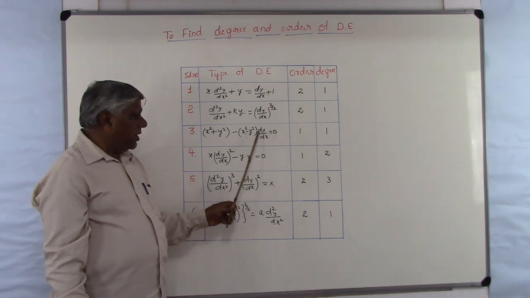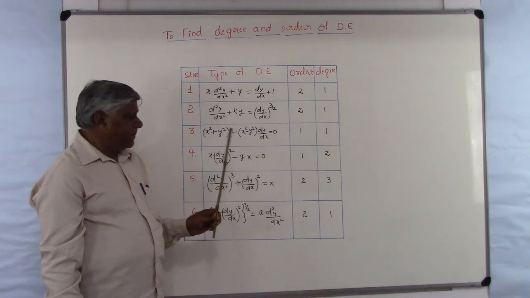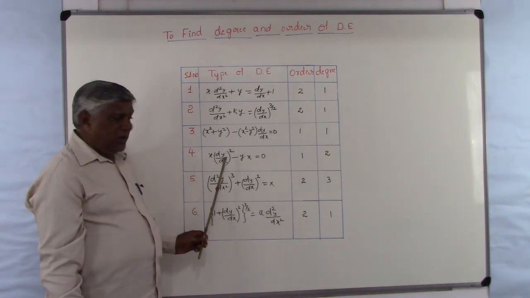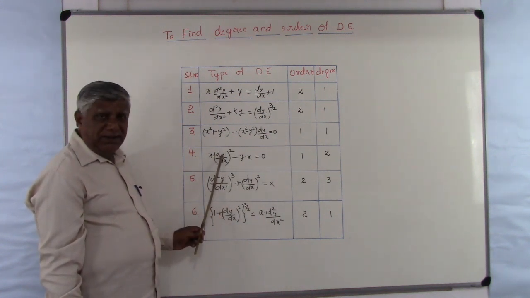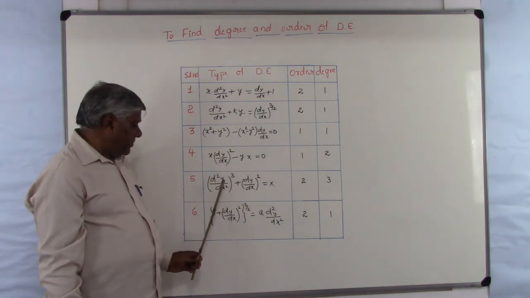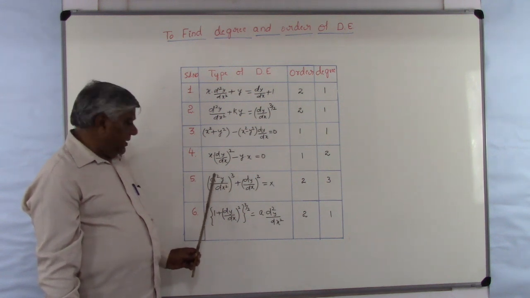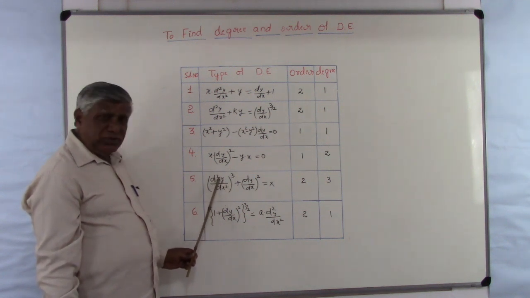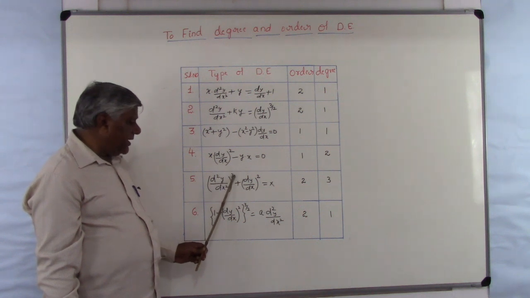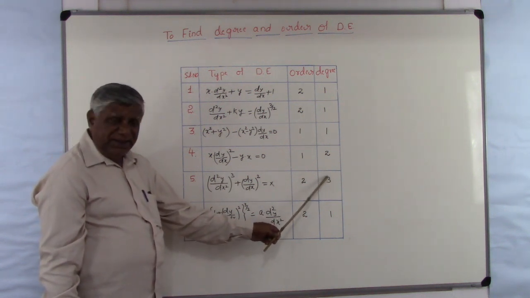Order is 1, degree is also 1. In the fourth case, order is 1, degree is 2. In the fifth case, the order is 2, the degree is 3. The order is 2, degree is 3.